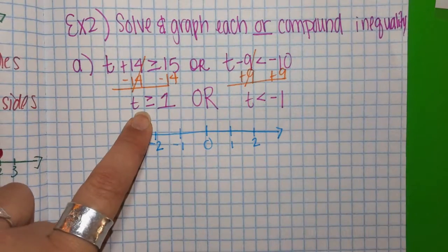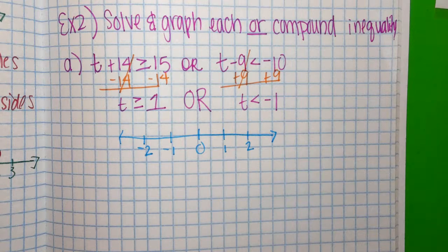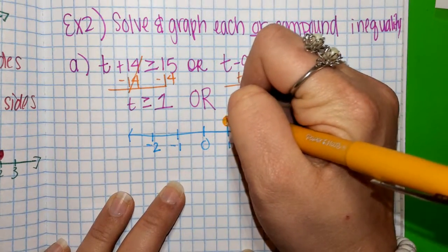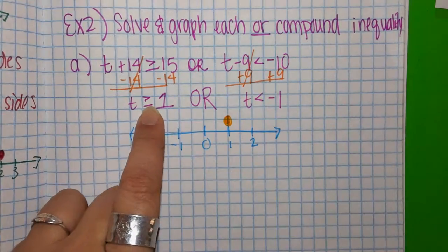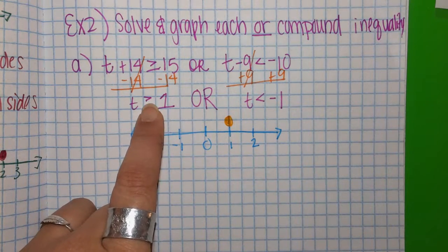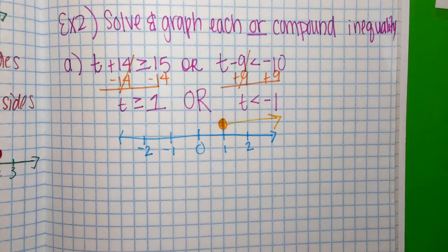All right, Kimberly, open or closed circle on 1? Are we going to shade to the left or to the right? Right, Kimberly? Right, because it's greater than. Fantastic. All right.